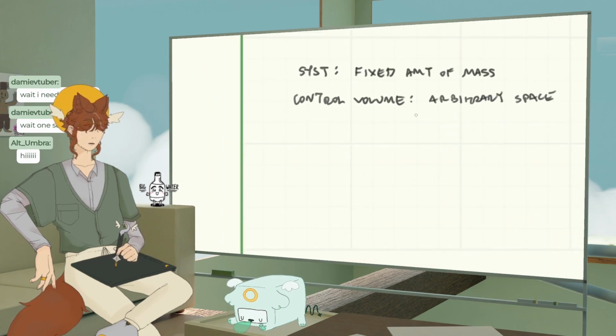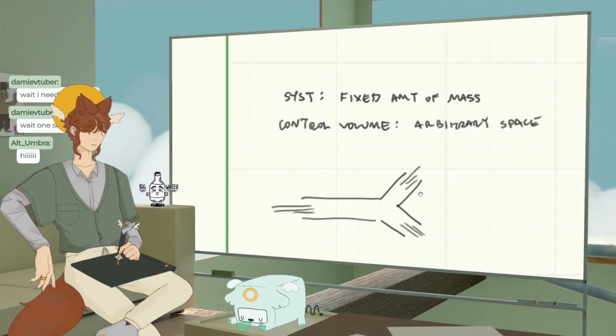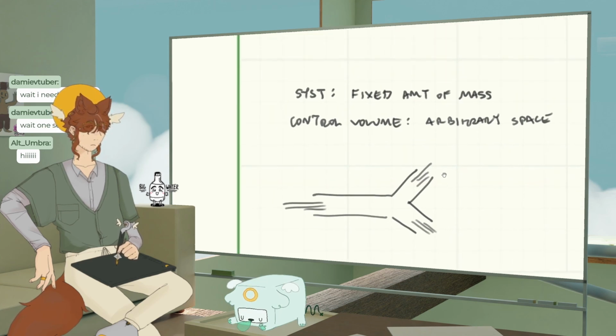So when we have a problem, let's say there's a pipe and there's water coming into the pipe, and the pipe splits into two. So there's water going this way, water going this way. If we were to choose a control volume for this, we want to decide what kind of volume we want to look at.